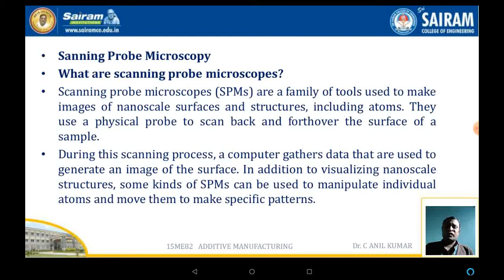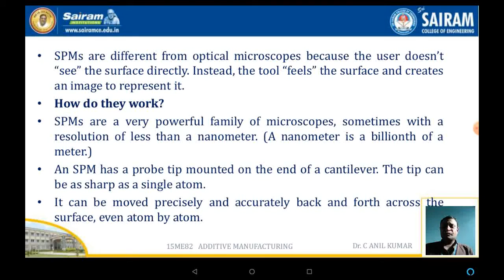During scanning, the gathered information is transferred to the computer, and in addition to visualizing the structure, some kinds of SPM can also be used to manipulate individual atoms and move them to make specific patterns. SPMs are different from optical microscopy because the user doesn't see the surface directly. Instead, the tool feels the surface and creates an image to represent it.